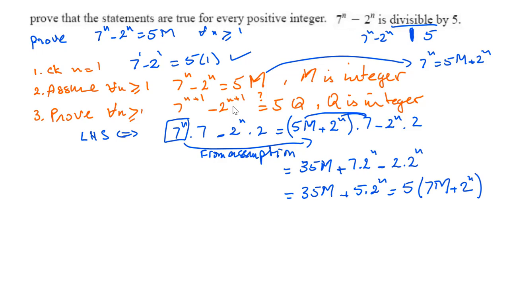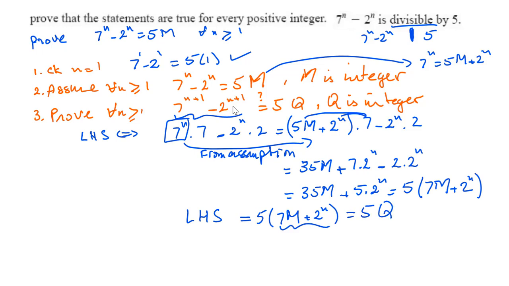So the left hand side, which is 7 to the n plus 1 minus 2 to the n plus 1, is equal to 5 times 7m plus 2 to the n, which is 5 times, let's call it q.